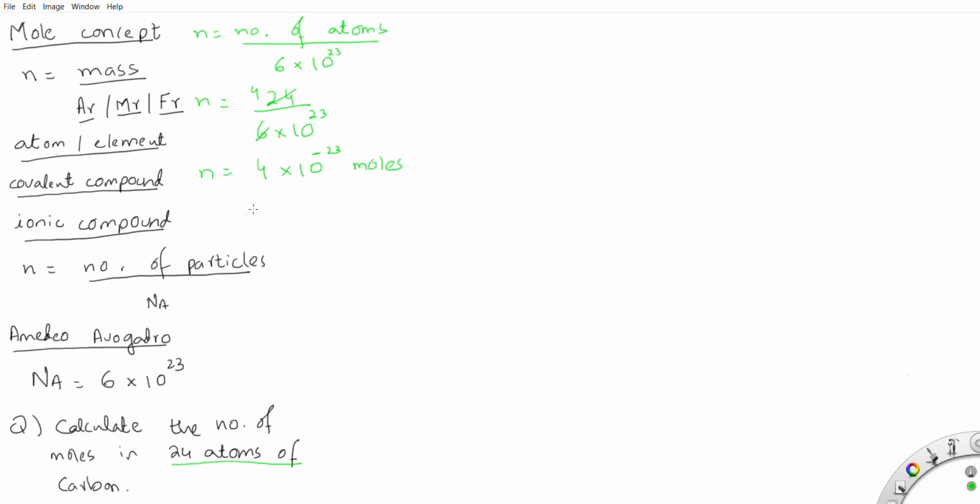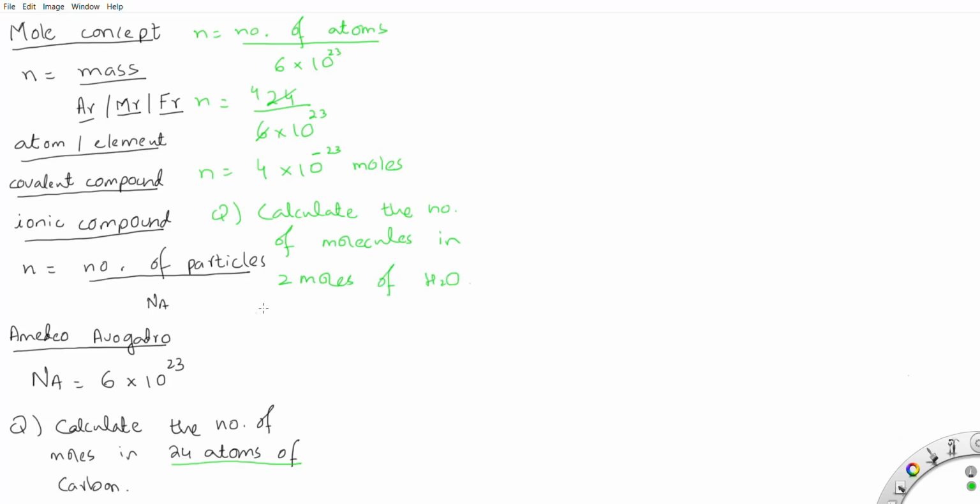A question can be shifted in another pattern, like calculate the number of particles or number of molecules in 2 moles of, let's say, water H2O.